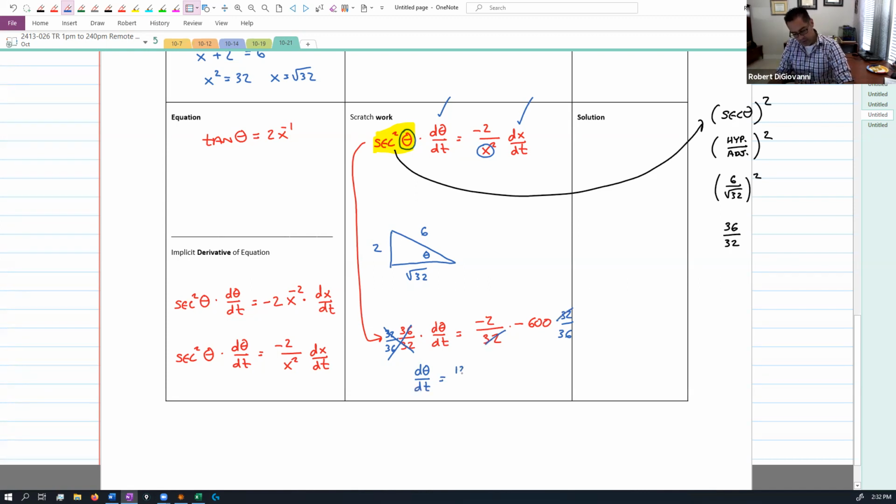I get 1200/36. I just multiplied straight across here. And that reduces, I'm just going to get the decimal answer of this. This is exactly 33.33 repeated.